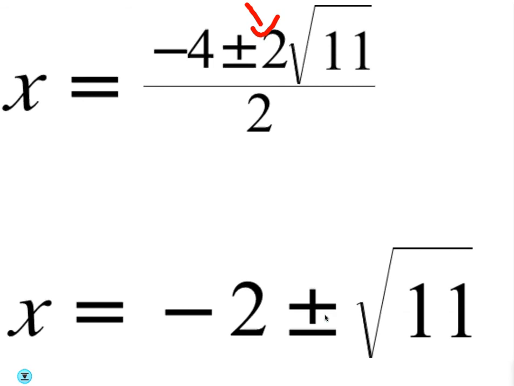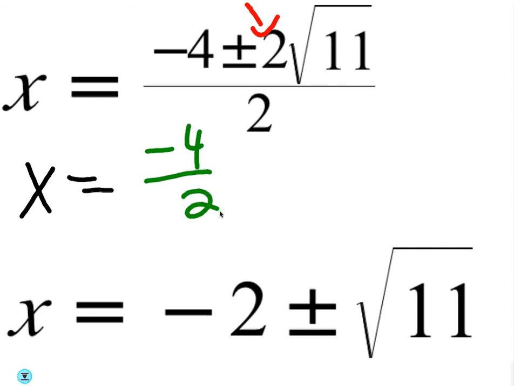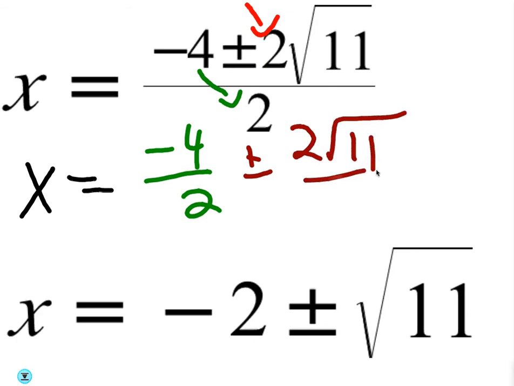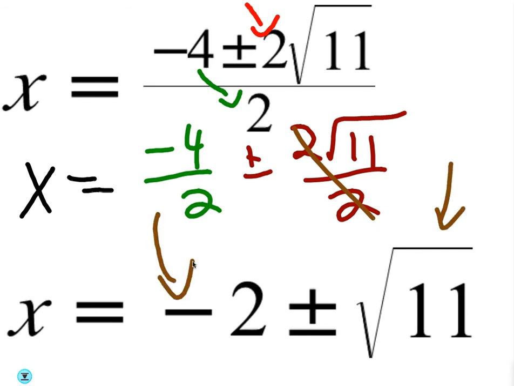I'm actually going to show that step here in the middle. We're going to take that negative 4 on top and divide by 2. And then we have the plus or minus, and we take the 2 radical 11 and also divide by 2. Those 2's will cancel, and you'll end up with that on the right, and negative 4 over 2 is negative 2.